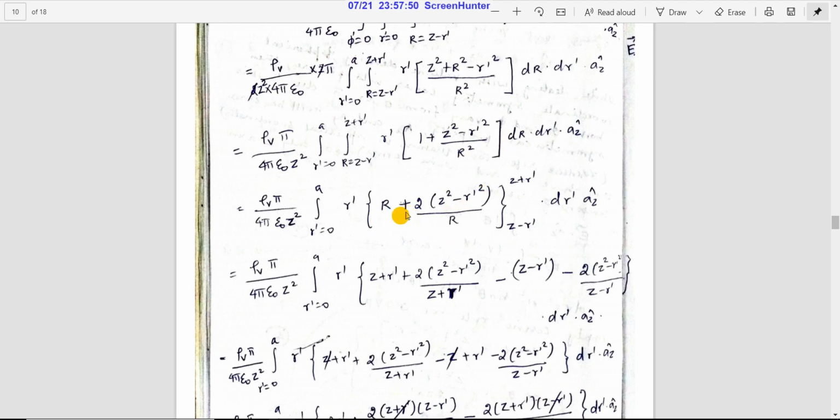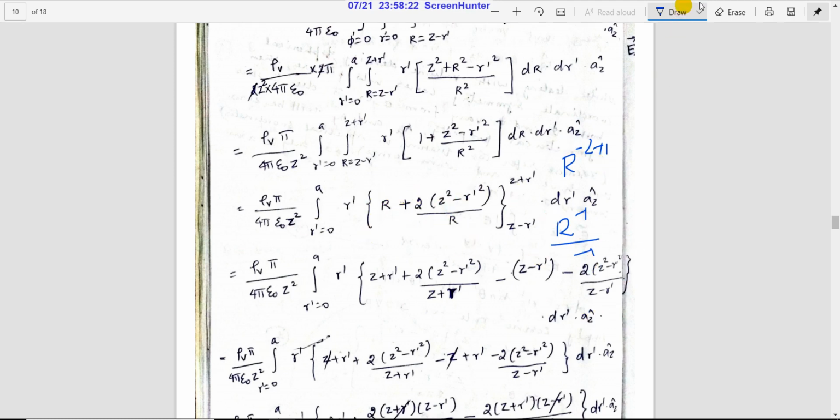If you make integration, it is going to be r power minus 2 plus 1, so like that it will be coming. So r power minus 2 plus 1 means it will be coming as r power minus 1. So r power minus 1 divided by minus 1 will be coming.